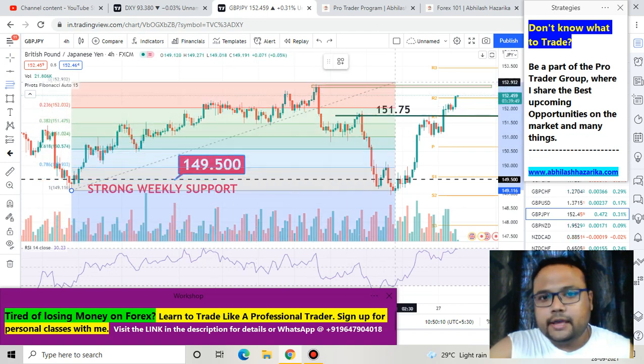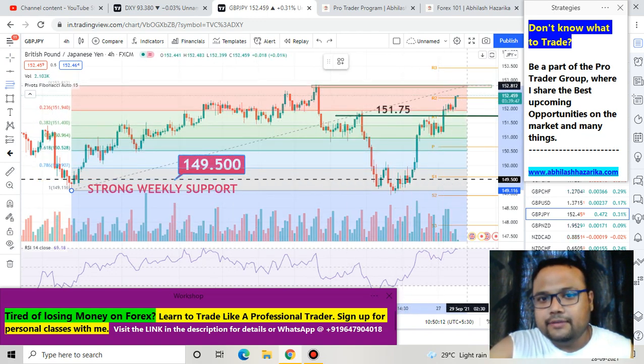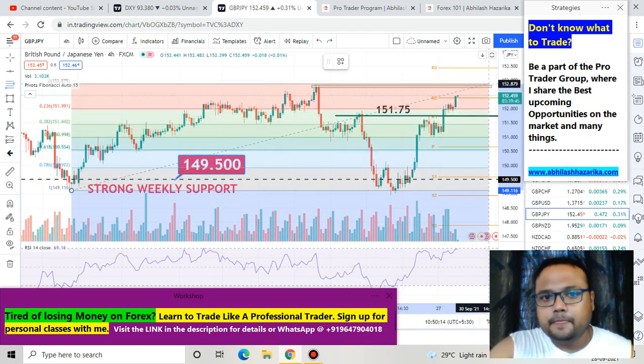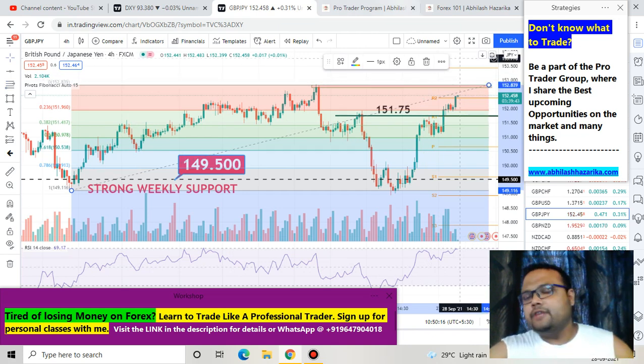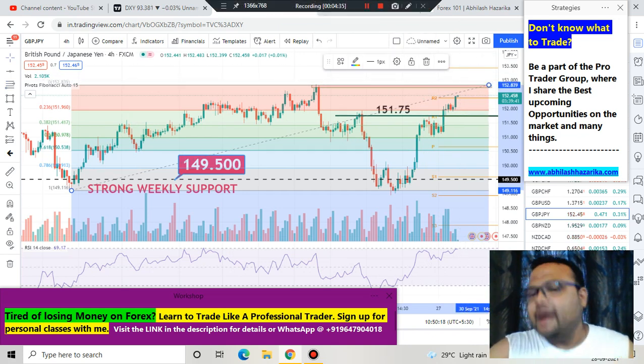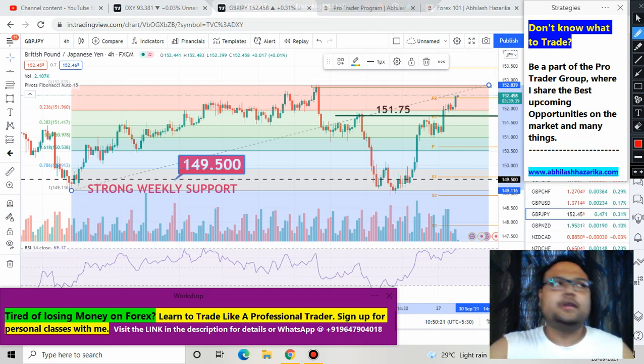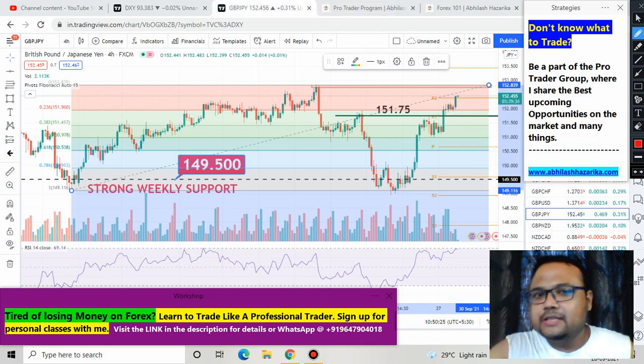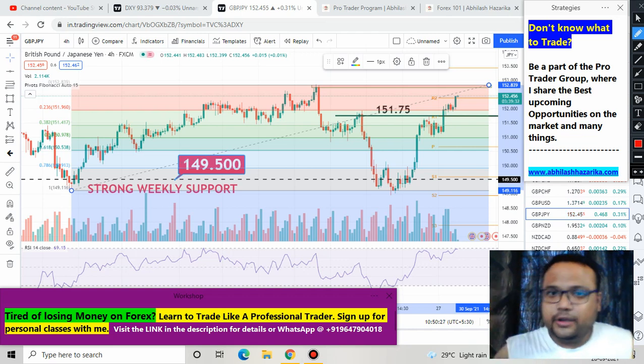On the other hand, we can also take help of the Fibonacci levels, because in case of retracement, or when we need to find the best buying opportunity, Fibonacci retracement levels come in handy. So 151.75 is the best position according to my analysis.